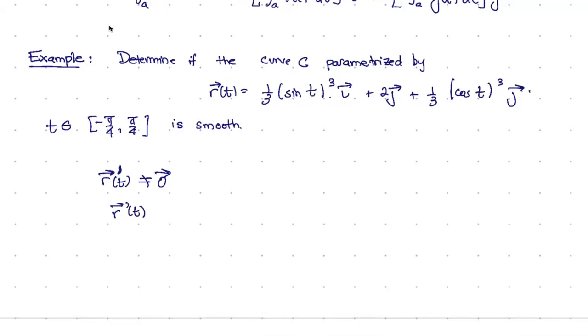So note that r prime of t in this case is going to equal the sine of t, the quantity squared, times the cosine of t, i, plus 0j, plus the cosine of t squared, minus the sine of t, j.